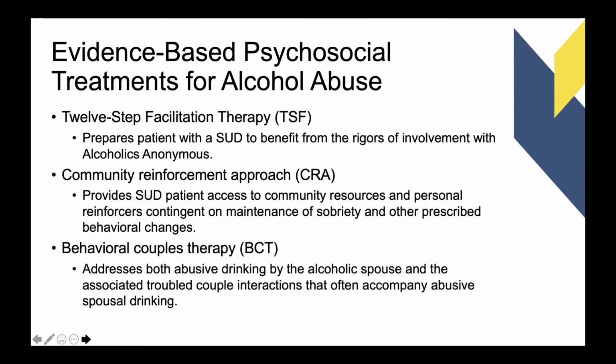Vocational rehab, I think, is a really good example of this. You know, as long as they're staying sober, they can get some support to get some job training. And behavioral couples therapy addresses abusive drinking in an alcoholic spouse and the associated troubled couple interactions that often accompany abusive spousal drinking.